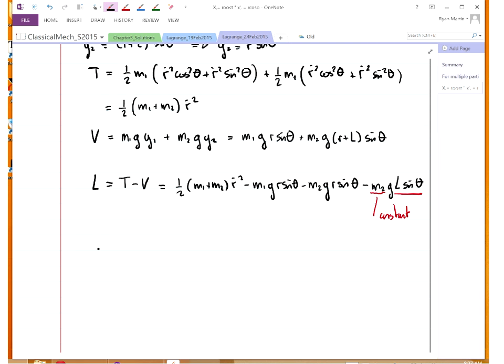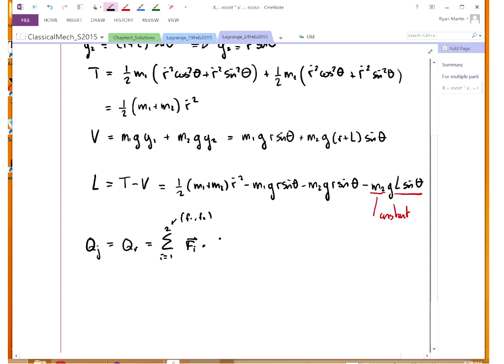Let me write out Qj, which is really going to be equal to Qr, because there's only 1 degree of freedom. That's the sum from i equals 1 to 2 for the two non-conservative forces, F1 and F2, the two friction forces.